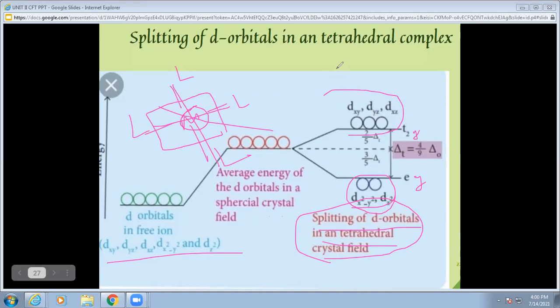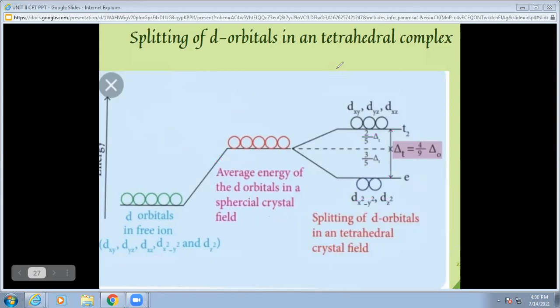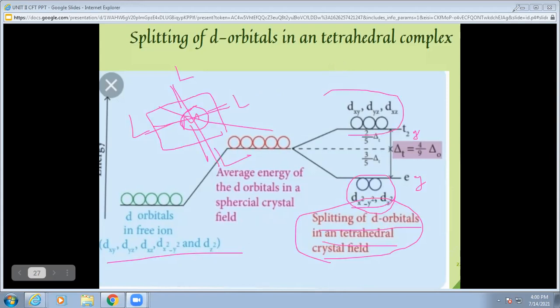Opposite of the octahedral structure. In the octahedral, what is the structure? dxy, dyz, dzx are lower, meaning lower energy. dx square minus y square and dz square are the higher energy.